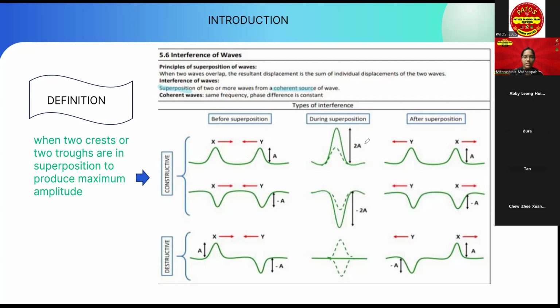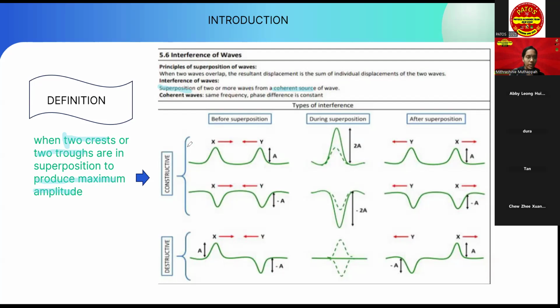You can see here it's 2A. A and A, we get 2A. When it comes to trough, it's in negative value, so it will be negative 2A. But after the superposition, it will be back to its normal position. So before it's moving, and then it forms a maximum amplitude, and finally it goes back to its normal position. So over here, we have to focus on two crests, two troughs are in superposition to produce maximum amplitude. This is our keyword.